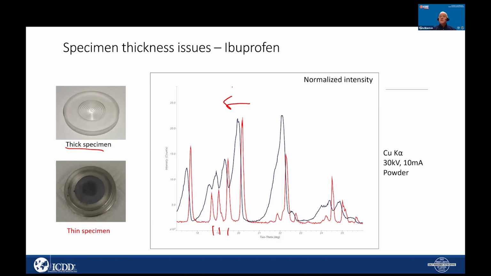Now, if you knew that you were looking at ibuprofen, and you just wanted to say yes or no, you probably could at least manually identify the phase. But this shift is pretty significant, and if you use automated peak finding and automated phase ID, you might miss the phase if you don't have a large enough shift error in your diffraction searching.